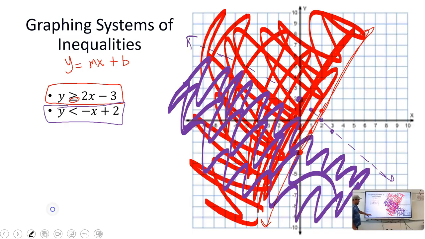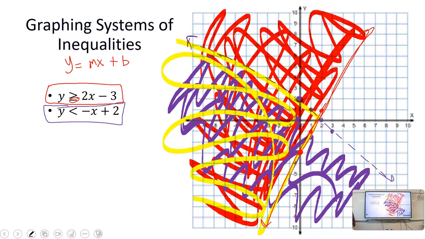I'm going to try to do my best to mark it here in yellow. So if I follow along here, then hit that line and go here, anything in this region right here is being shaded by both of the inequalities.